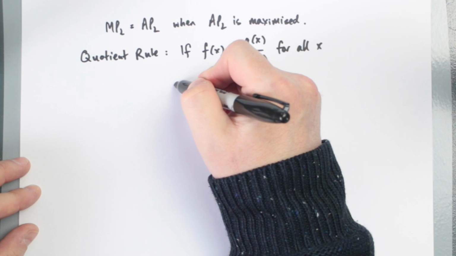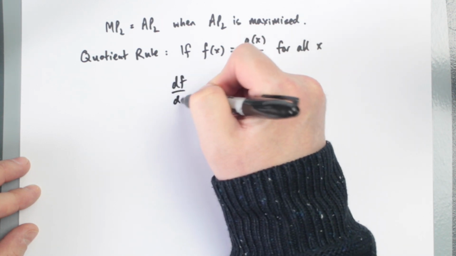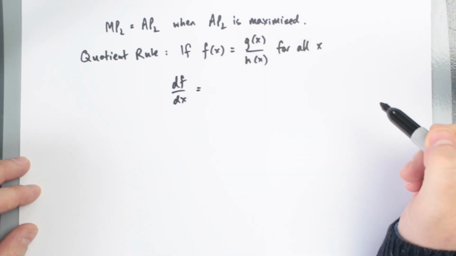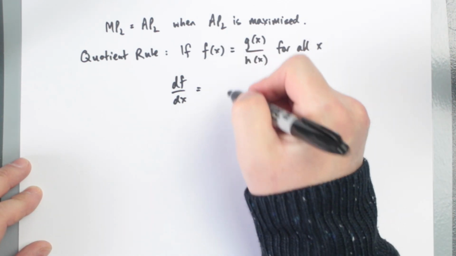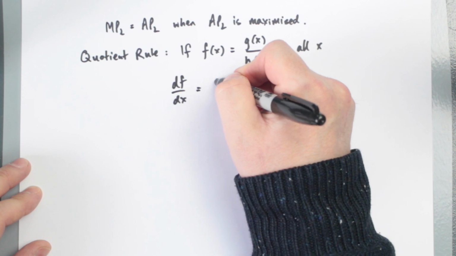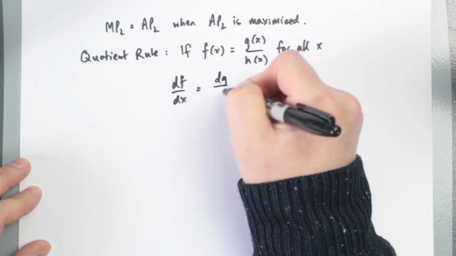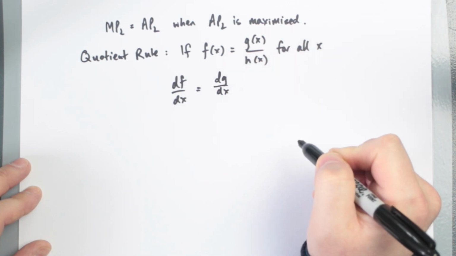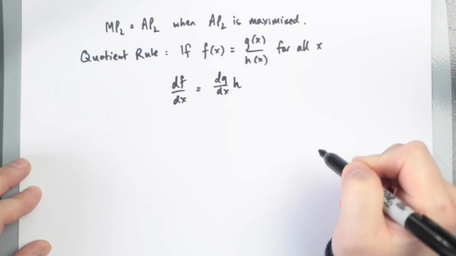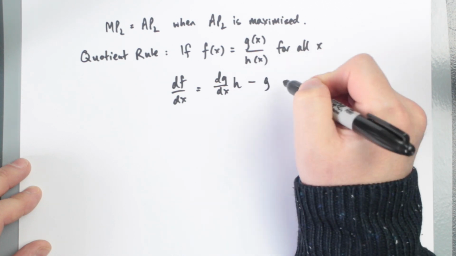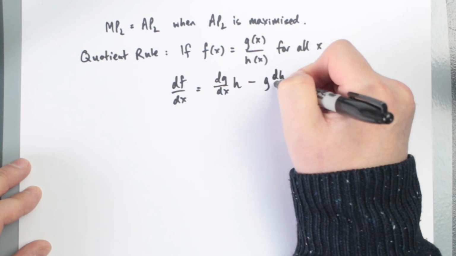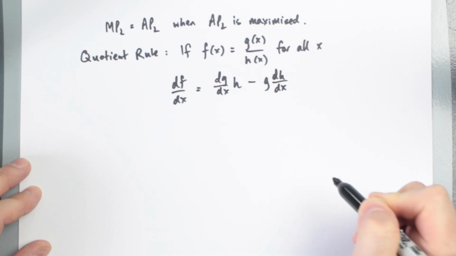Okay, so if I have a function which can be written as the quotient of two functions, then if I want to differentiate f with respect to x, there's a specific formula for doing this. I differentiate g with respect to x and then multiply that by h. And then I deduct g multiplied by the derivative of h with respect to x.